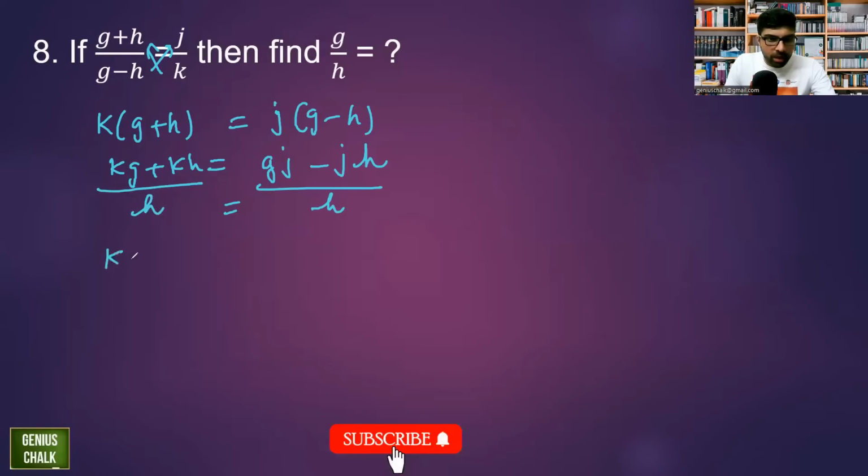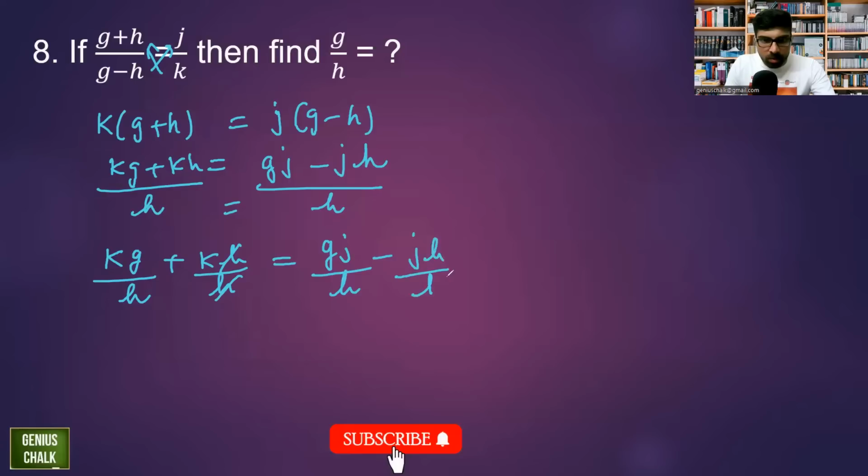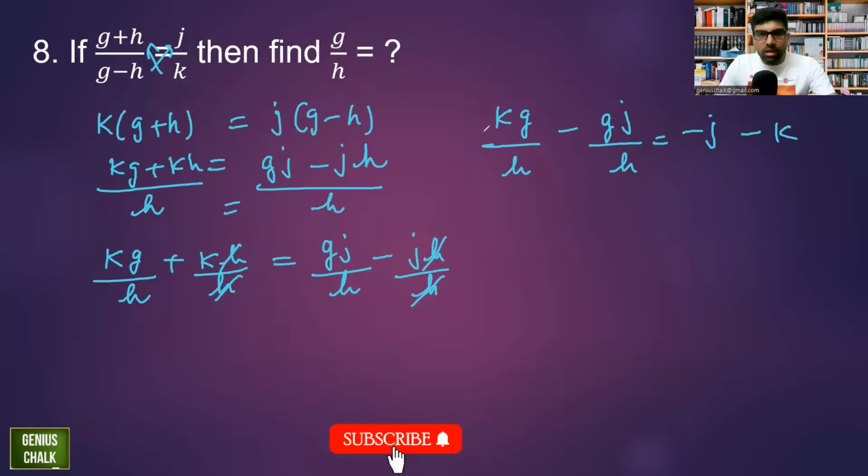So it will be K G by H plus K, because H by H gets cancelled, and it is G J by H minus J. Now we can take this along this side: KG by H minus GJ by H is equal to, taking this side, minus J minus K. So you are seeing that finding G by H is very time consuming.